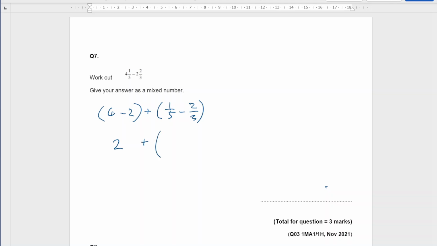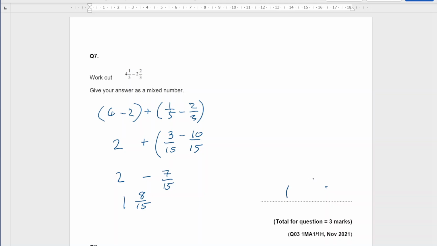Then my fractions need to go over a common denominator of 15. So I need to times the first fraction by 3 and the second fraction by 5. So that's going to be, in effect, 2 minus 7 over 15, which is, if we imagine 1 is 15 over 15, so that's going to be 1 and 8 over 15.